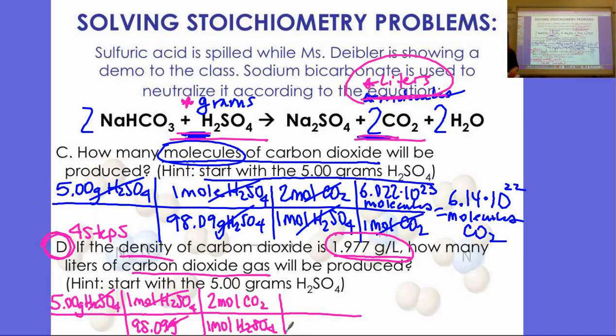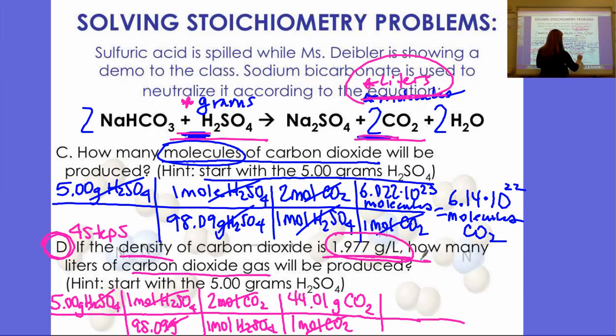But I don't want moles, I want liters. In order to get to liters, I have to first get to grams. So 1 mole of CO2, to cancel out with this mole, looking on the periodic table, is 44.01 grams of CO2. Not quite there yet, that's my third step.